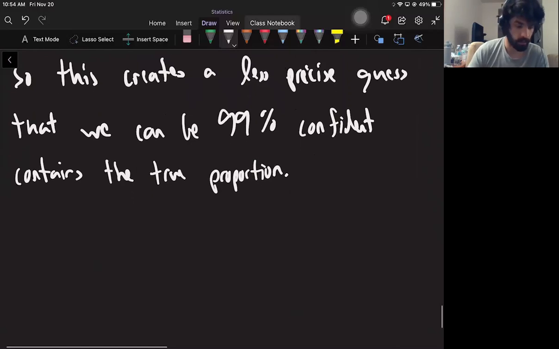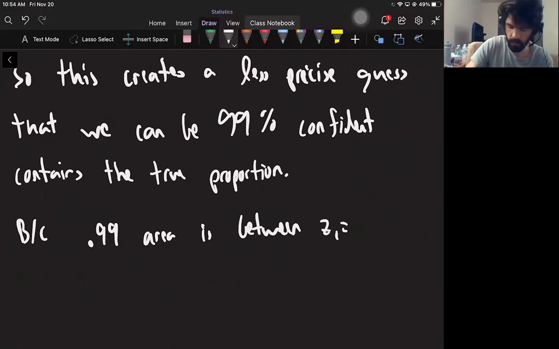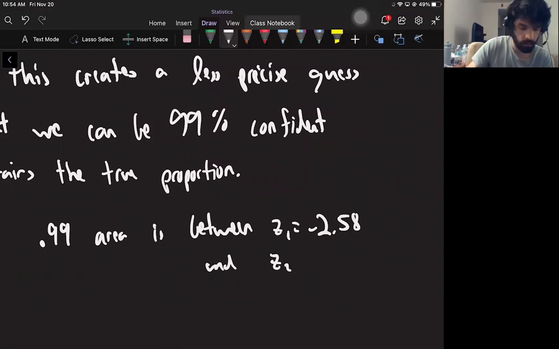So why is that? Well, so why does it get wider? It's because now the 0.99 area is between two different z-scores, which are further apart. So negative 2.58 and 2.58.